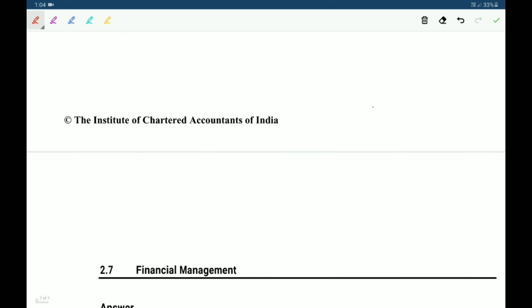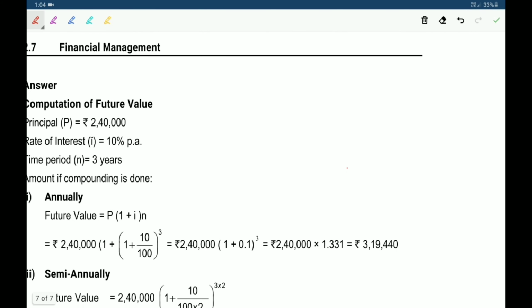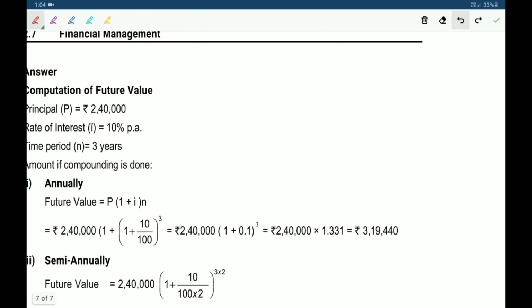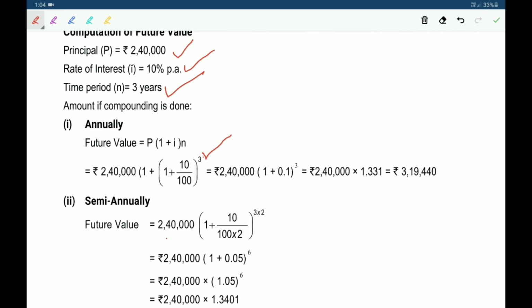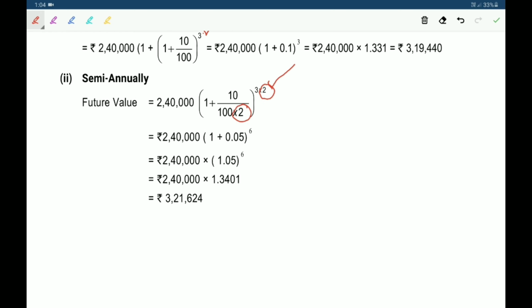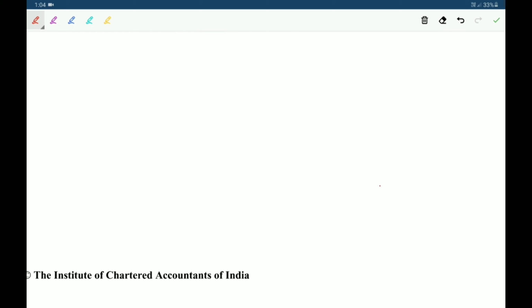It's a normal problem, already discussed in the first one. So principal amount 2,40,000, 10% interest rate, 3 years. So compounding semi-annually means 2 times in a year. So these are the problems.